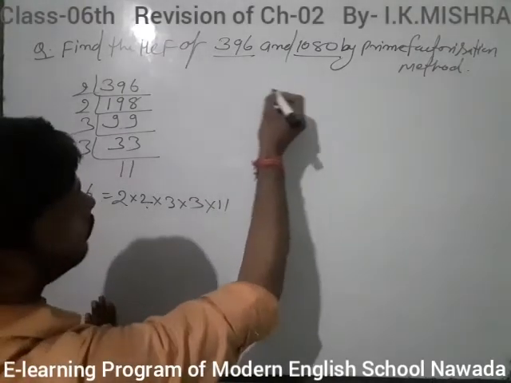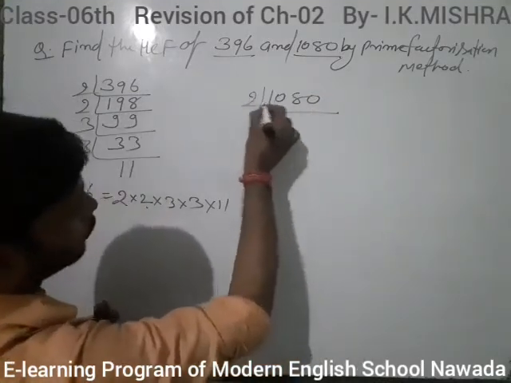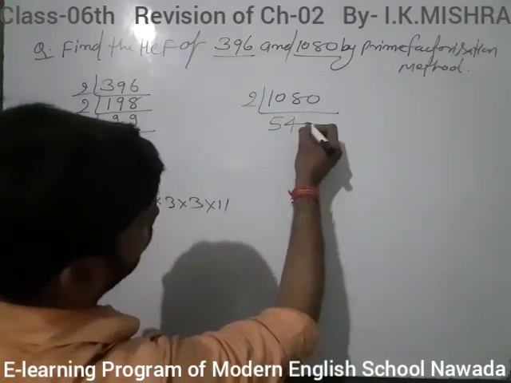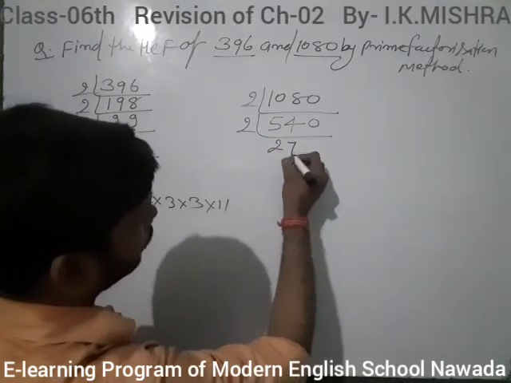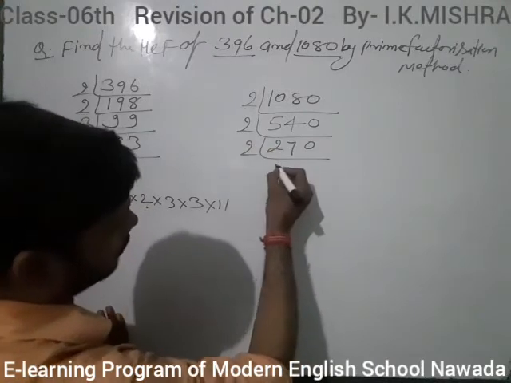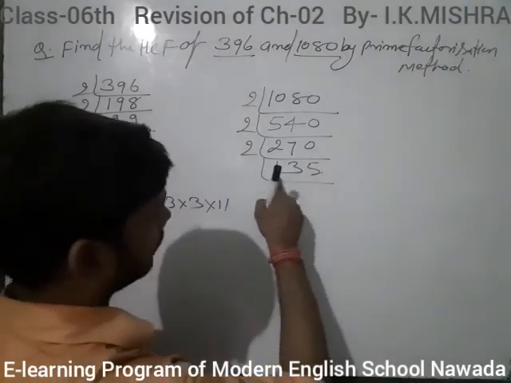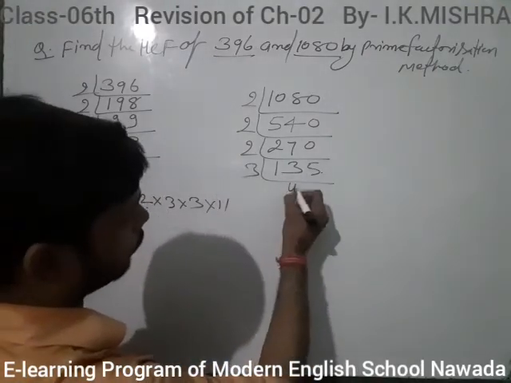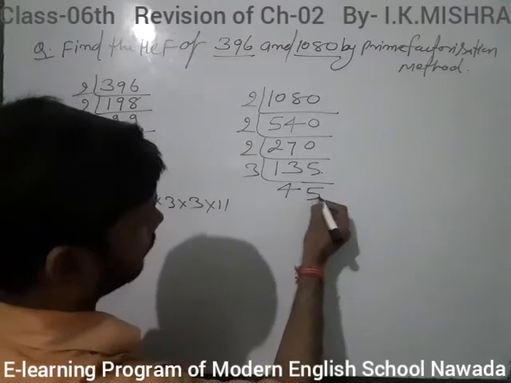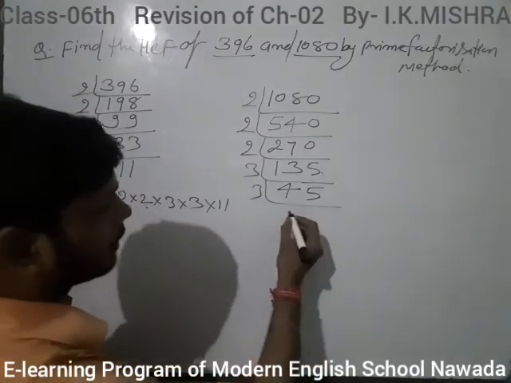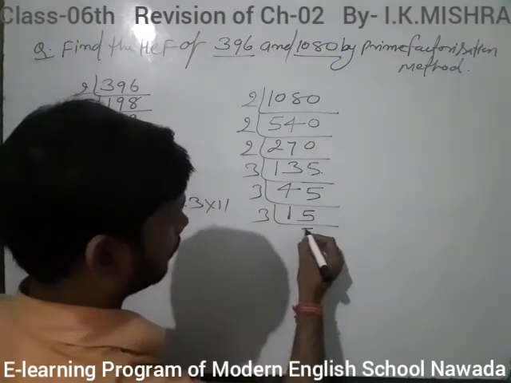Now proceed in the question: prime factorization of 1080. Do the prime factorization by 2, again 2, again 2, then 5, then 3, again 3, again 3.